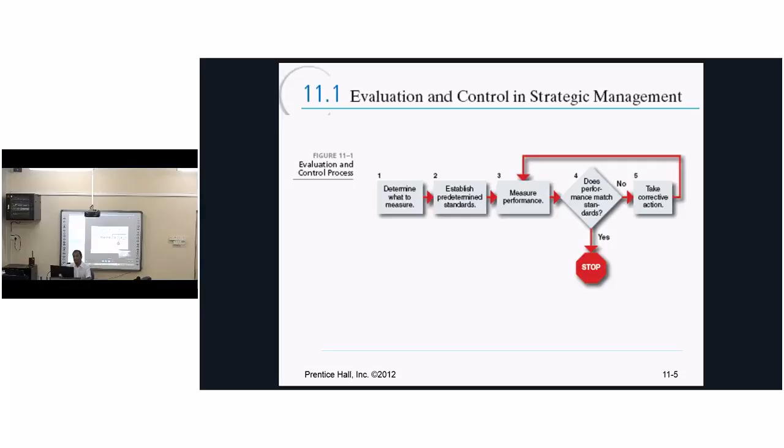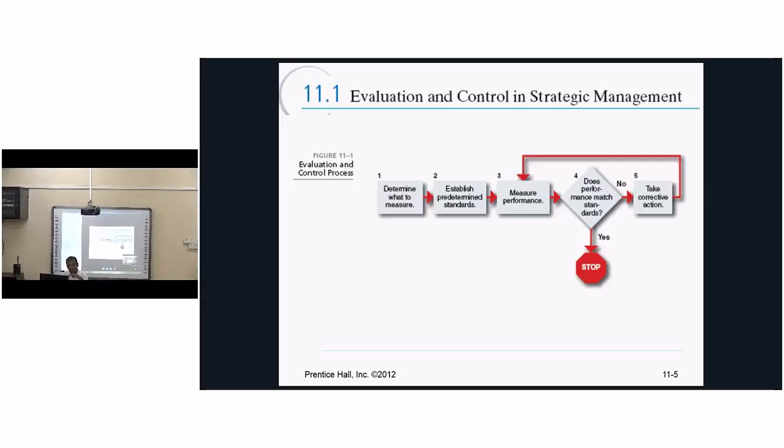Now, for example, in the telecom industry, you measure key things such as revenue per user. We call it average revenue per user, ARPU, which is a key performance measure. So basically, in different industries, you get different measures that they specifically follow up.